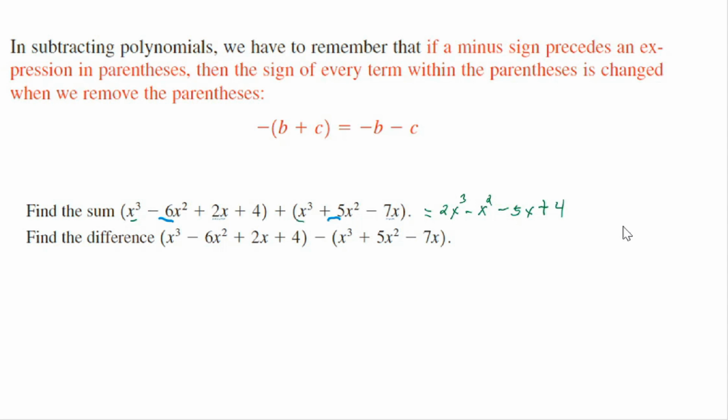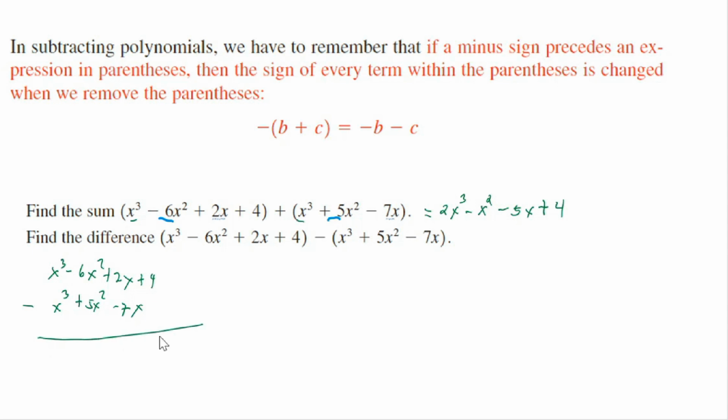Now, on the second example, we are asked to find the difference of these quantities. The given are just the same, but the question is now the difference. So in that case, we are going to subtract. I will show another method to solve instead of following the same procedure as in number 1. We can write here x cubed minus 6x squared plus 2x plus 4 minus, I have x cubed plus 5x squared minus 7x.